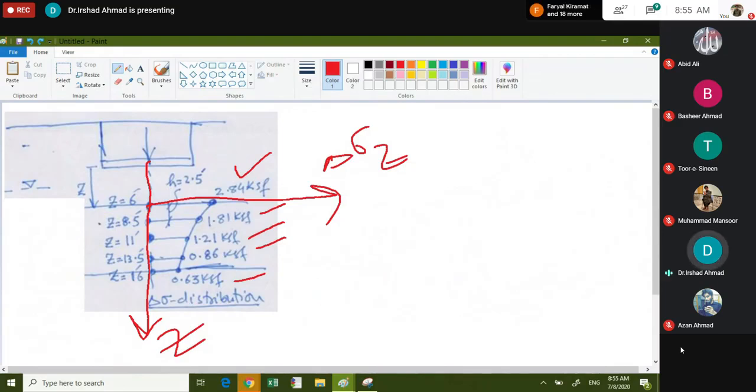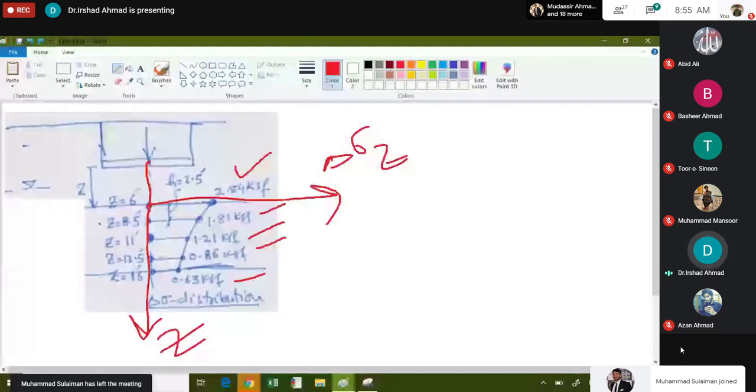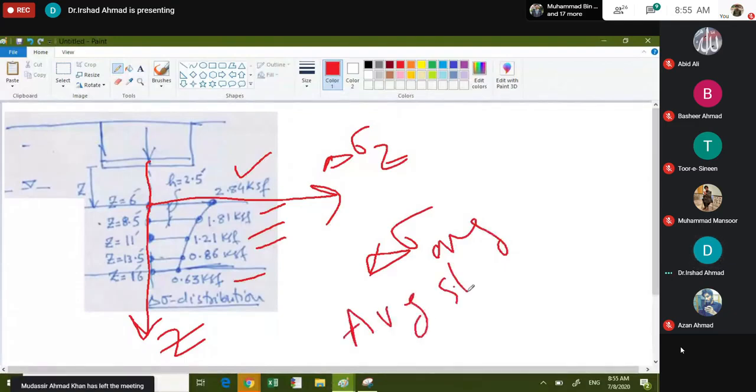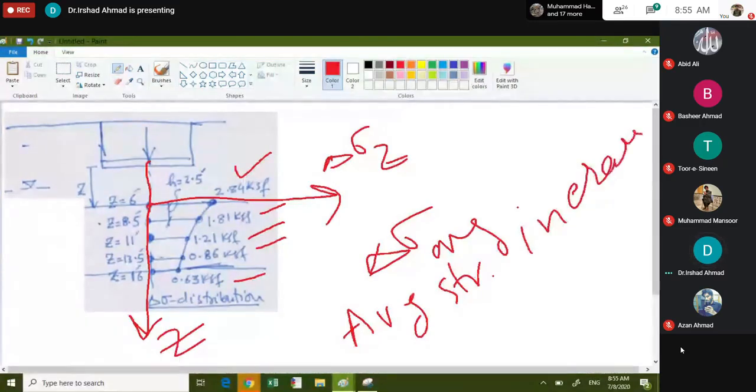Okay. So now the next step is to find delta sigma average, the average stress increase in the clay layer.